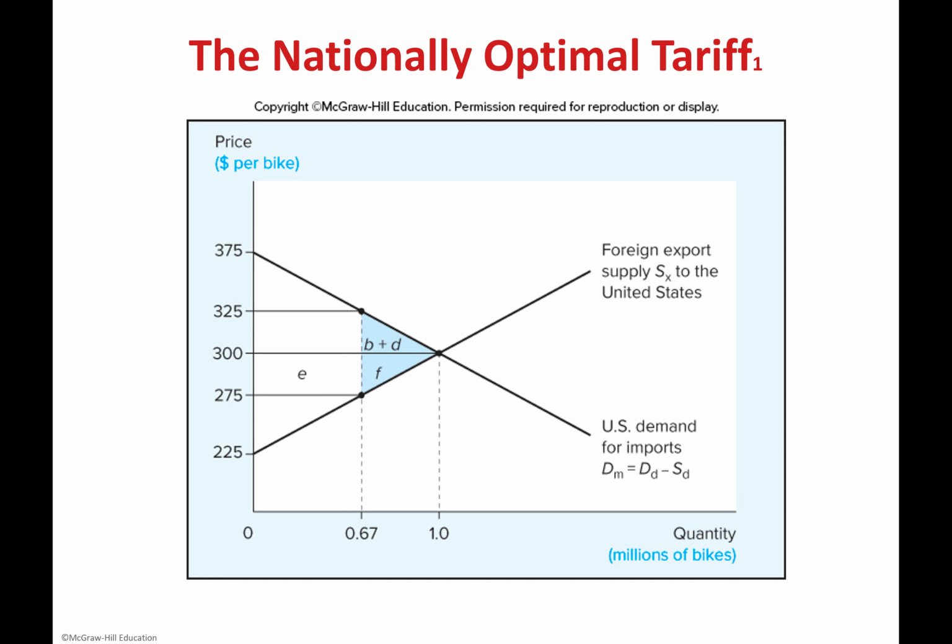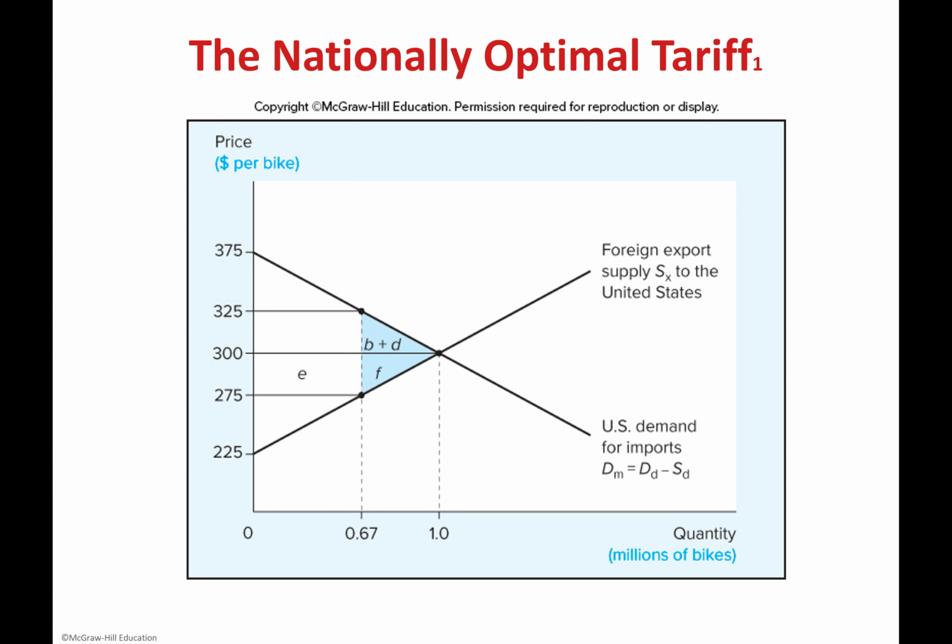So in this case, we can look at what we think of as the nationally optimal tariff. And we can see where we were originally. So this is the right-hand diagram from the previous figure. We can see the drop with the tariff going from 1 to 0.67.